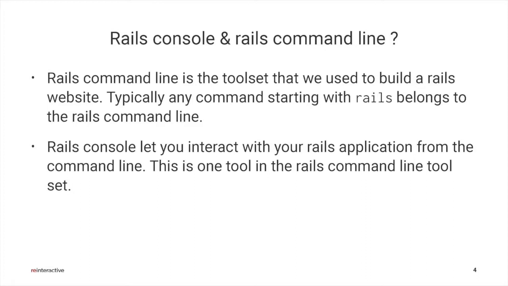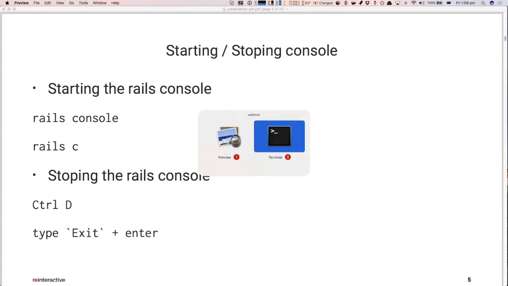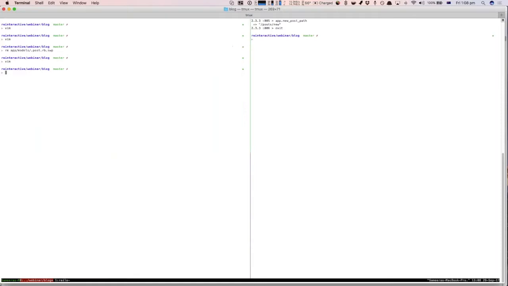All right, let's start. The first thing we need to understand is how we are going to start the Rails console and how we are going to stop it. Before that, I will go back to the source code and show you how the flow of this presentation will be.